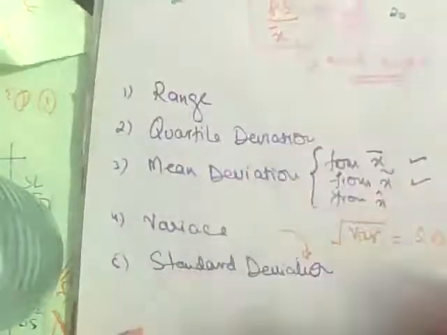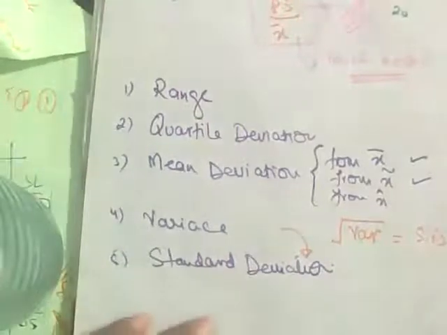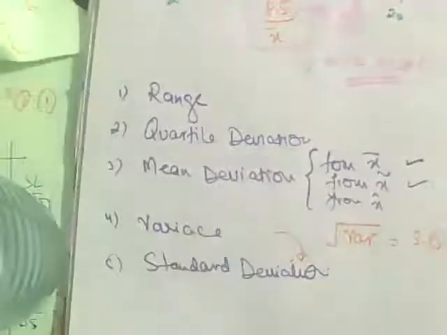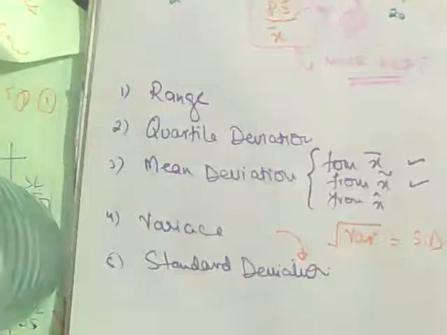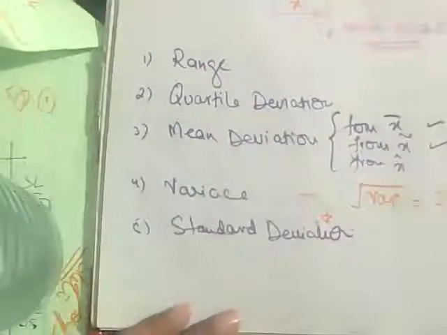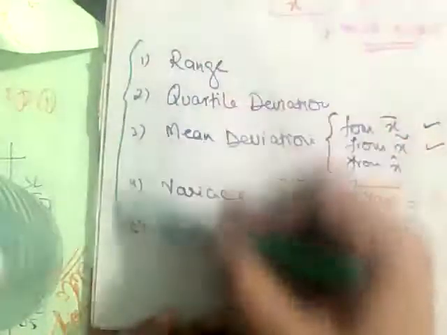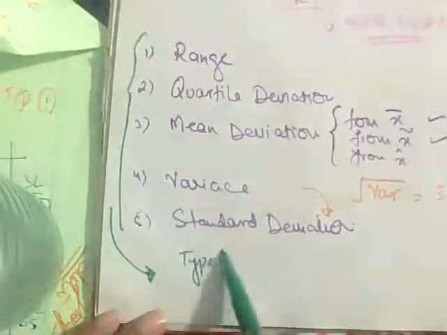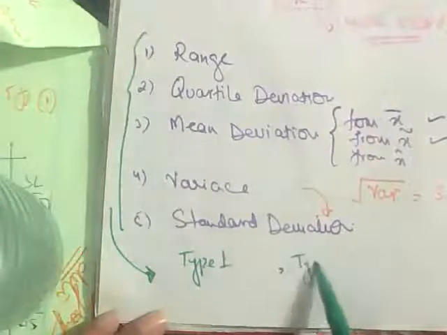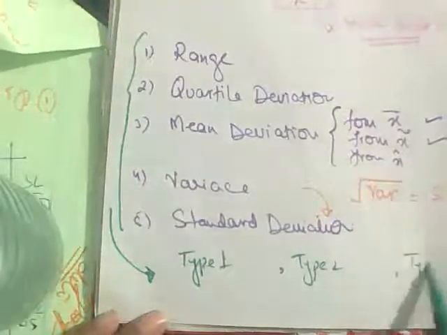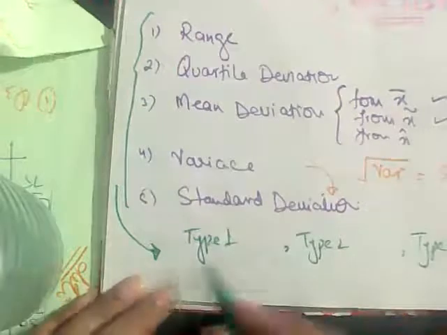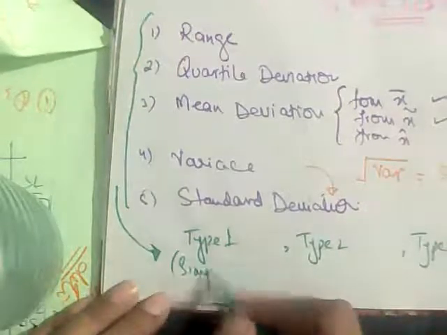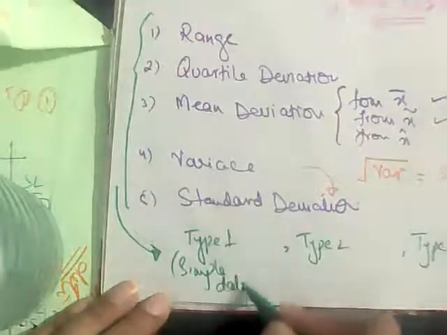all these methods we are going to study for all three types of data. Remember, I explained that all this information we will cover for type 1 data, for type 2, and for type 3. Type 1 is simple data with few values in it.